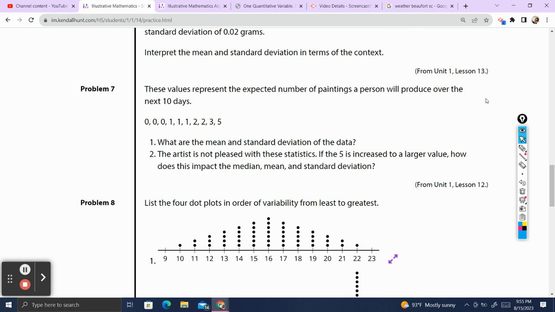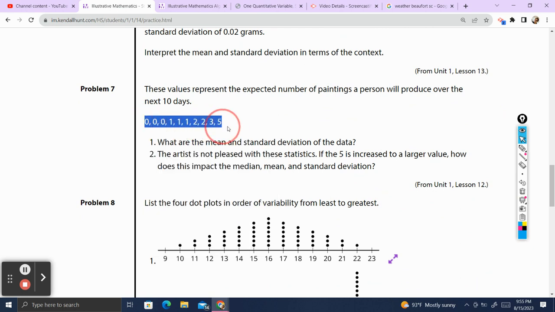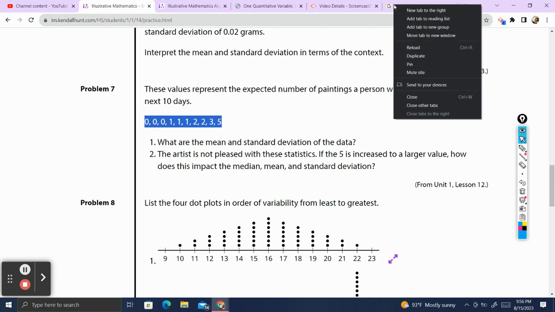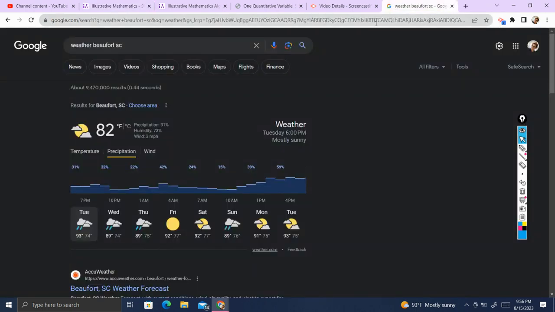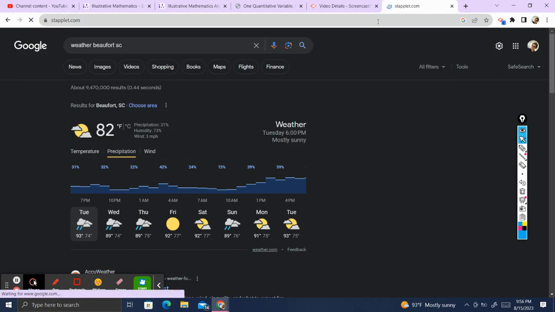Problem number 7. These values represent the expected number of paintings a person will produce over the next 10 days. So we've got these numbers over here. What is the mean and the standard deviation of the paintings? So I am going to take my numbers, highlight them over here, and go to my favorite StatKey.